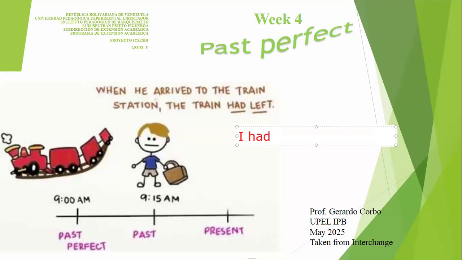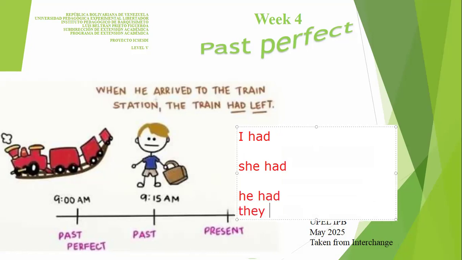Okay. The good thing in here is that the auxiliary verb have in past tense has only one form, had. So it means that if I'm going to use she, I say she had, right? In the case of he, he had, they had.